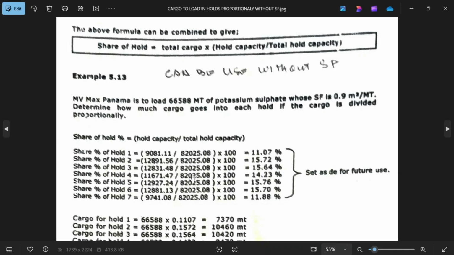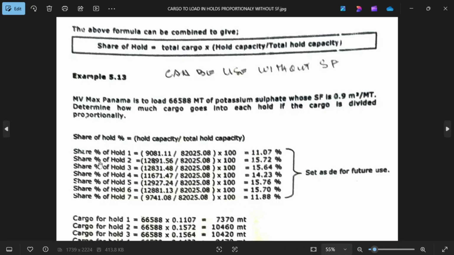So if you already have the hold capacity for each hold, you divide it by the total hold capacity of 82,025.08. When you get the result, you multiply it by 100. That will be the percentage for each hold.